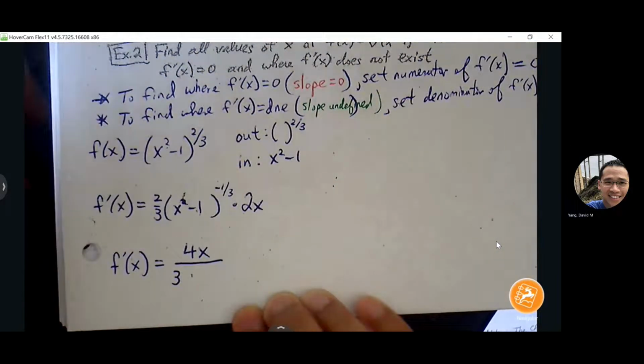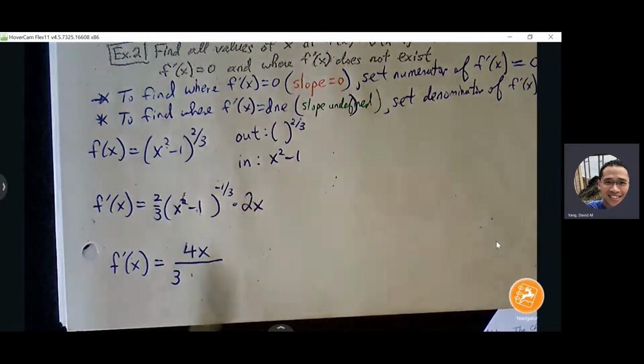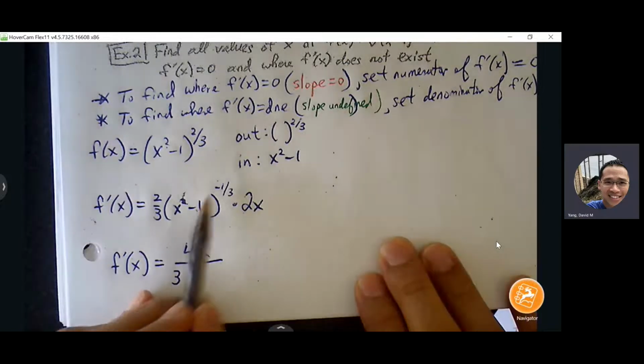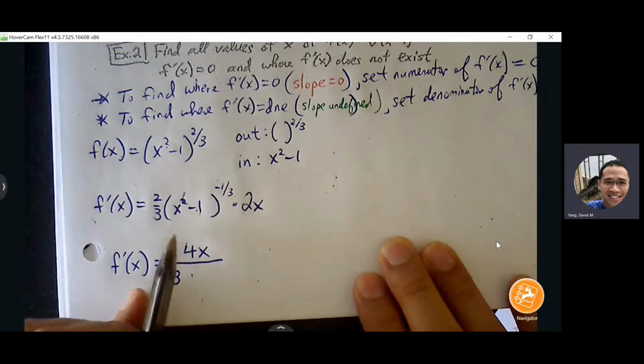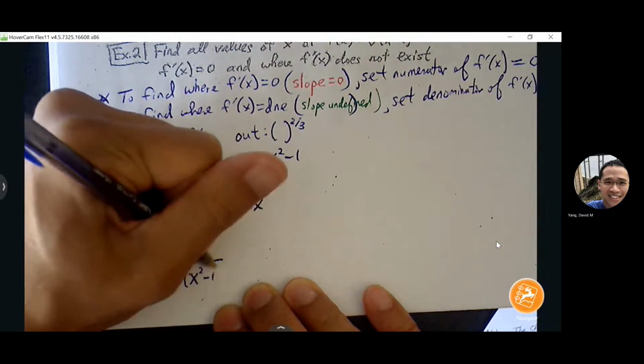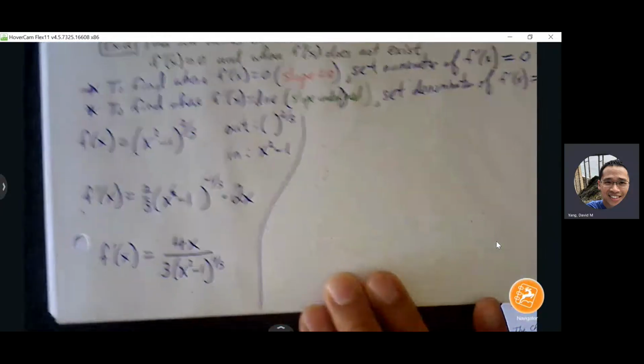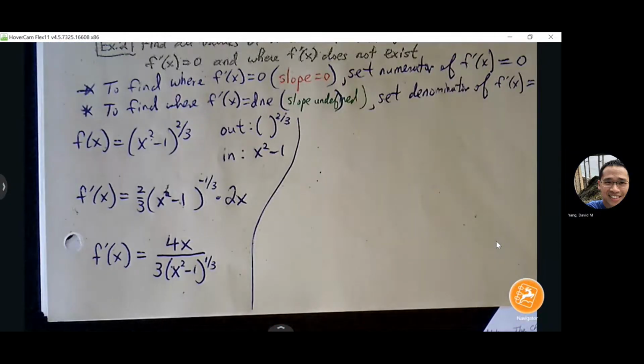What else? x squared minus 1 to the 1/3, right? Because right now that x squared minus 1 to the negative 1/3 is sitting in the numerator. We typically have an easier time working with problems if we see positive exponents. So I'm going to take that negative exponent, move the parentheses to the other side, which is going to force it into the denominator. Okay, so now we have a clean derivative function.